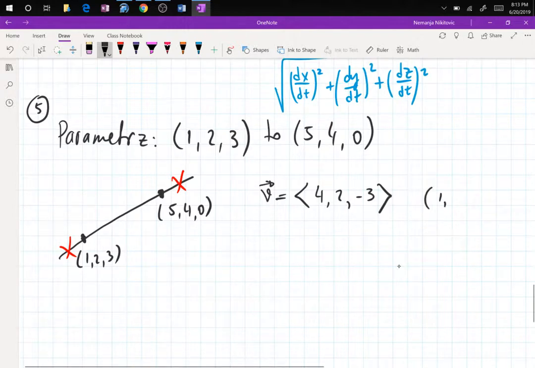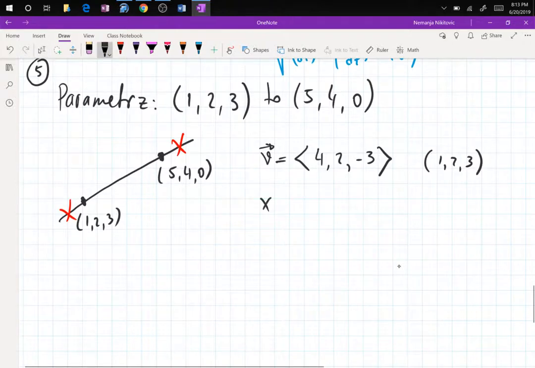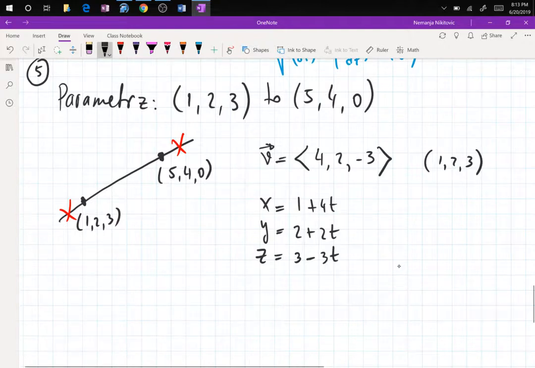We use 1, 2, 3 as the fixed point because we did 5 minus 1 rather than 1 minus 5. Now I can write XYZ, a 3-dimensional line: 1, 2, 3 plus 4t, plus 2t, minus 3t.